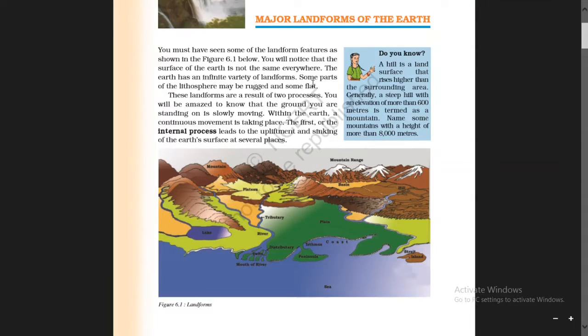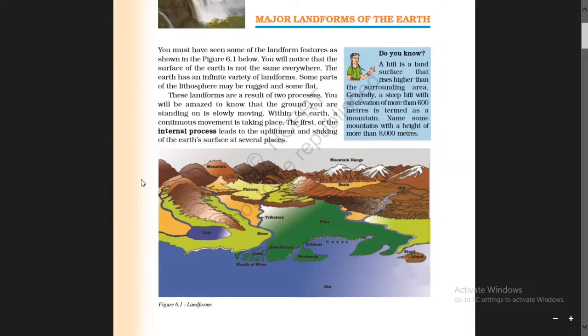Children, you must have seen some of these landform features, which are shown here in figure 6.1. You will notice that the surface of the earth is not the same everywhere. You'll find it quite different.